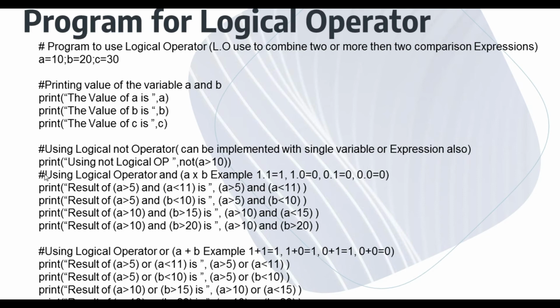Result of a greater than 5 and a lesser than 11 will definitely be true. Here a is 10, so 10 is bigger than 5, that means true, and a lesser than 11, a is 10, definitely lesser than 11, so both are 1, okay, AND operator, and it will be true.